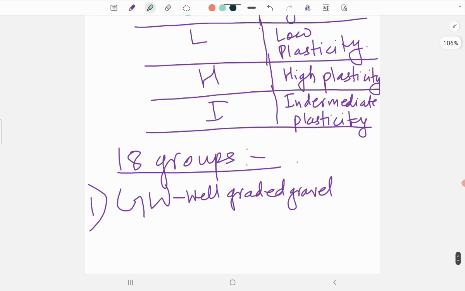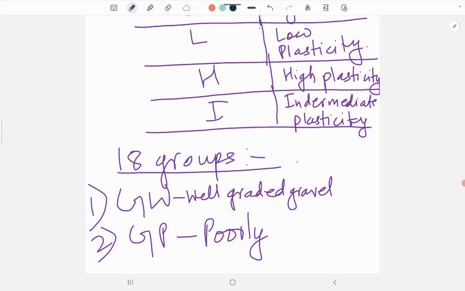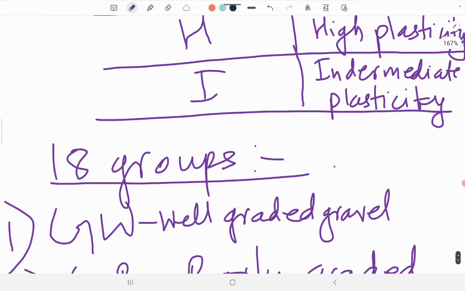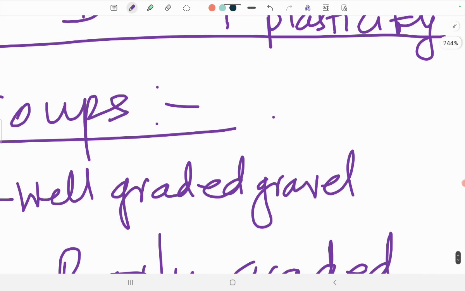The second one is GP, poorly graded gravel. In the case of well graded gravel, the coefficient of uniformity is greater than 4, whereas the coefficient of curvature lies between 1 and 3.